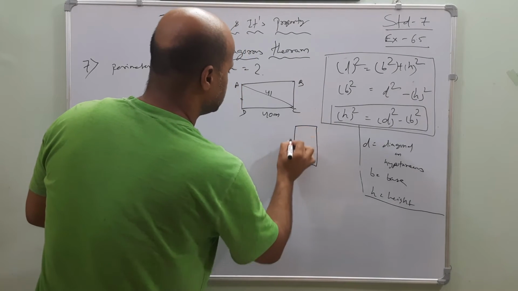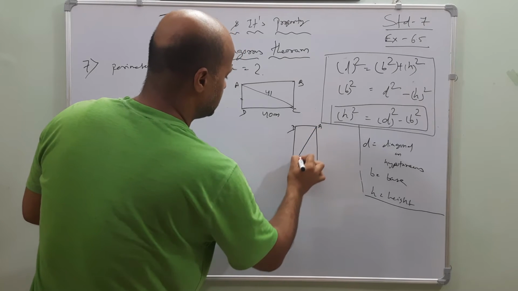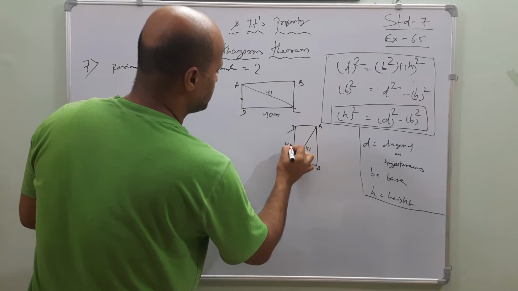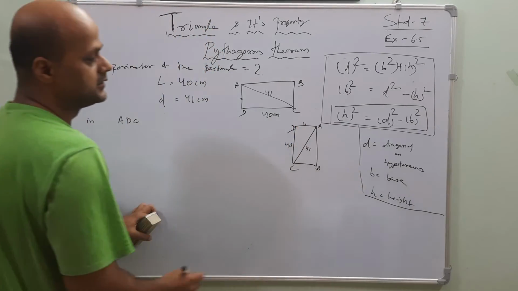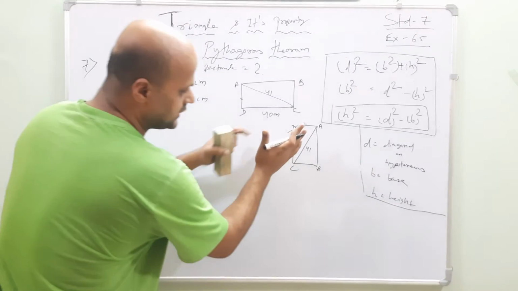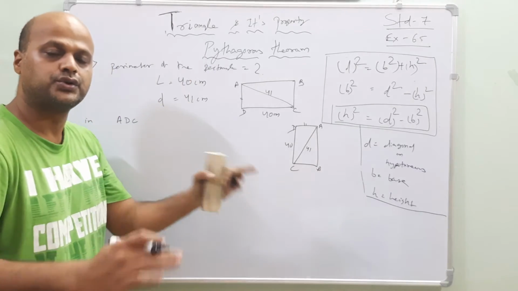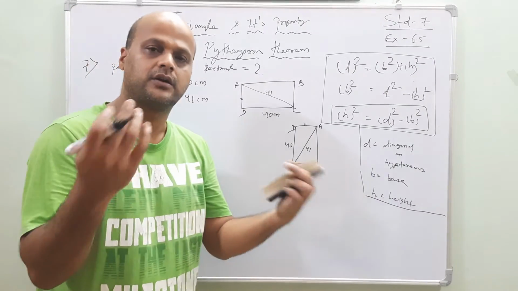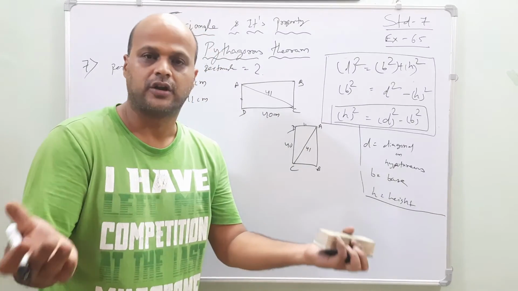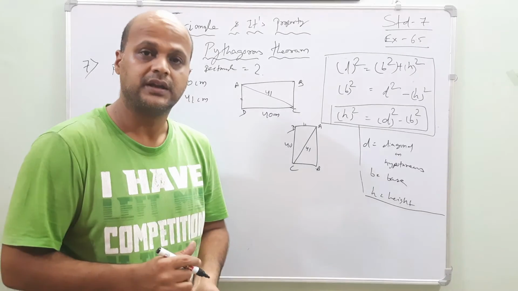See, D, C, B, A. This one is 41 and this one is 40. Now this one is asked. Any side you can take, because a single diagonal divides the rectangle into two triangles. If you find one part, then automatically the breadth is found and you can solve the question using the perimeter of a rectangle formula.